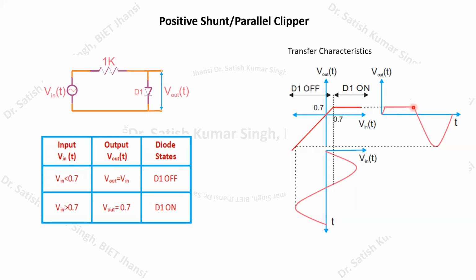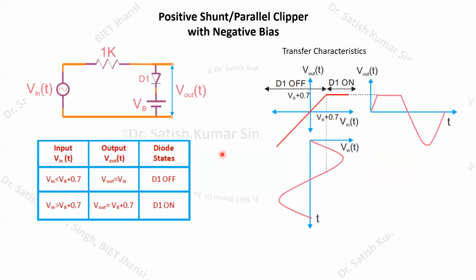And whenever it is less than 0.7 volt, this portion is going to follow the input. So we are going to get this type of waveform. Here it will be clipped off, and then again we are going to get this portion. Hopefully you are able to follow. Similarly you can do this analysis. It is very simple to understand when this diode D1 will be on and when it will be off. It is important to do this analysis. This mental picture should be very clear, then only you will be able to understand.